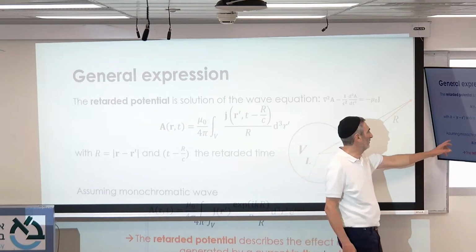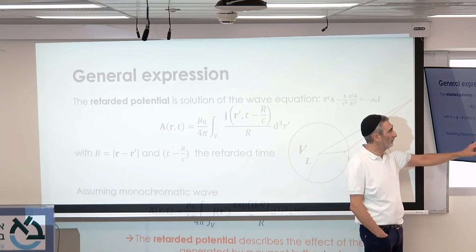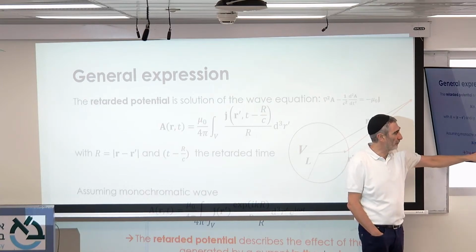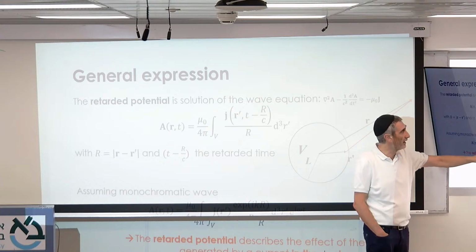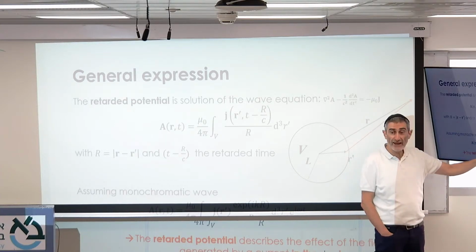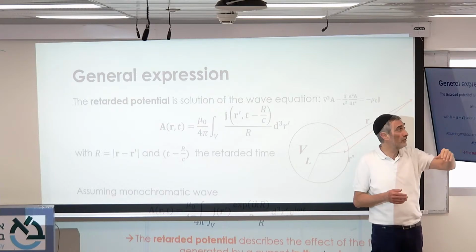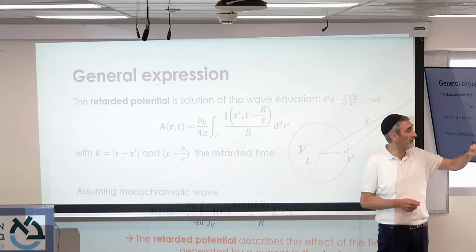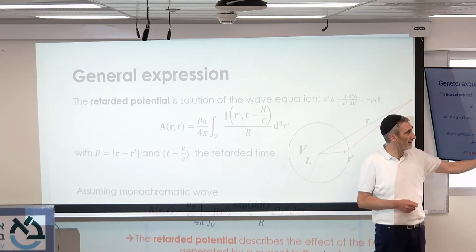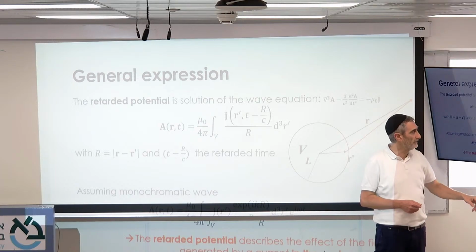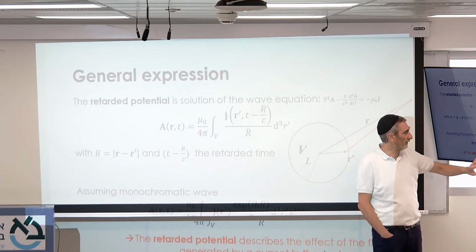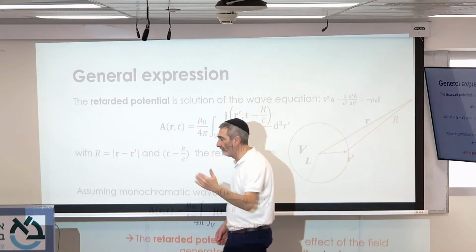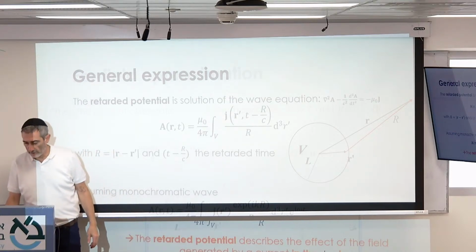In the case of a monochromatic wave, you can just replace J here by its amplitude J of r prime, times exponential ikR over R. Exponential ikR tells you the phase accumulated along this distance R. So this t minus R over c comes here in the phase term ikR minus i omega t. That's the phase term. This term here we can actually approximate in the far field. The way to do that is very simple.